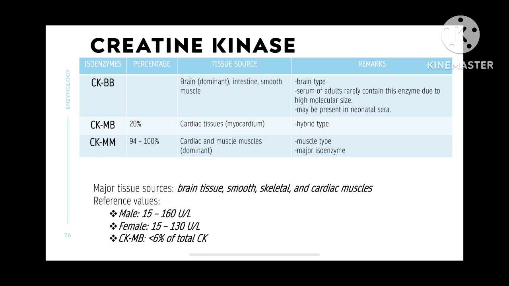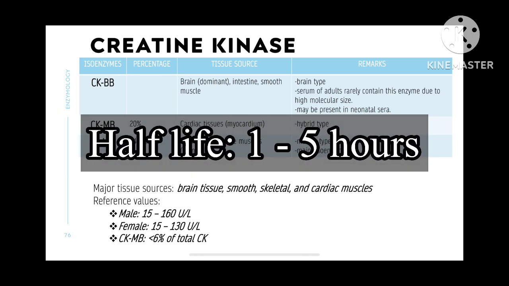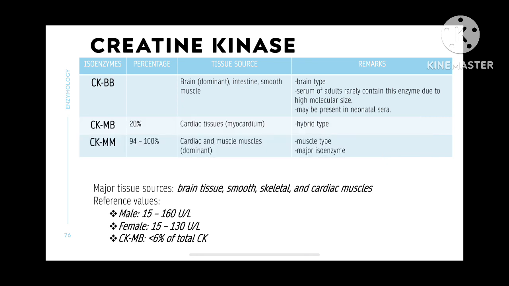The quantity of CKBB in the tissue is usually small. The small quantity, coupled with its relatively short half-life, which is 1 to 5 hours, results in CKBB activities that are generally low and transient and not usually measurable when tissue damage occurs.